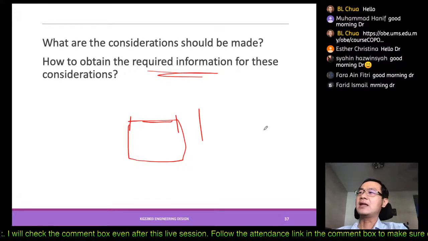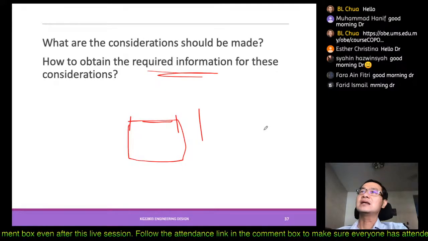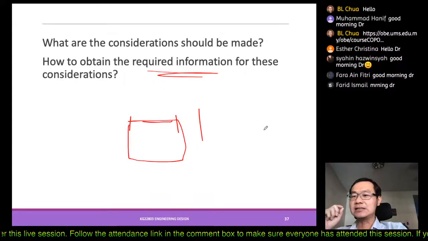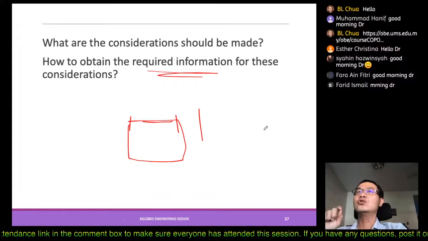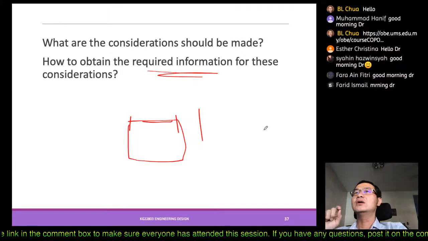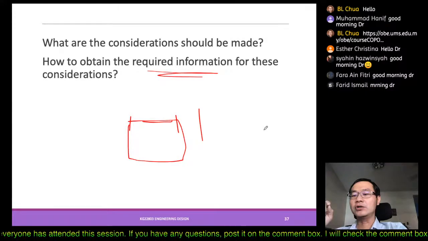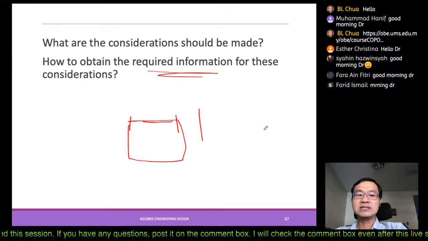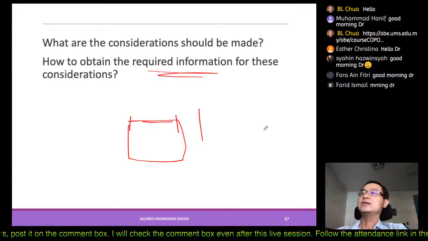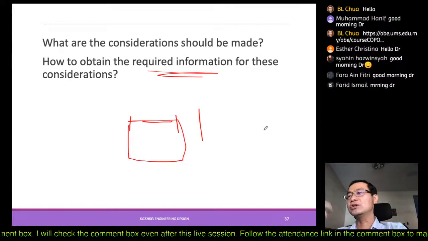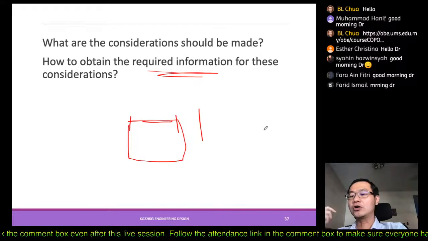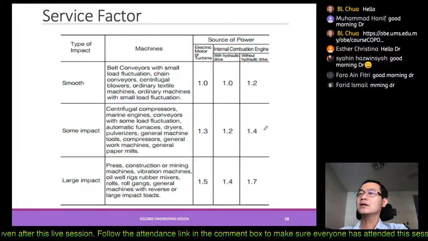And also, as you have learned previously in the conceptual design, you have to know what the major issues or problems are that you are going to solve when you design this particular system.